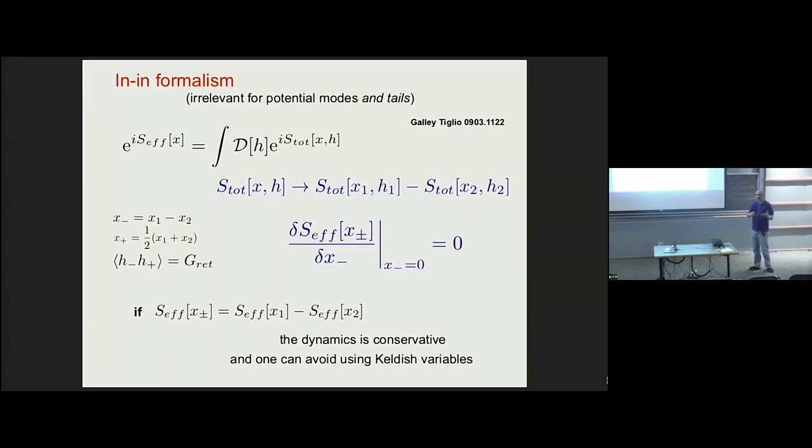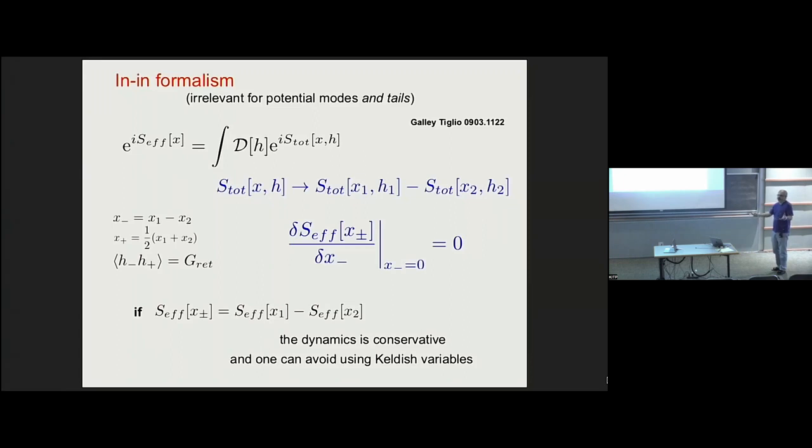So how could you get along before and get the correct result? The point is that if, by chance, not really by chance, the final action here is of the form a function of x1 minus a function of x2, you see it's exactly the same form here, then it means that even the final dynamics is conservative.